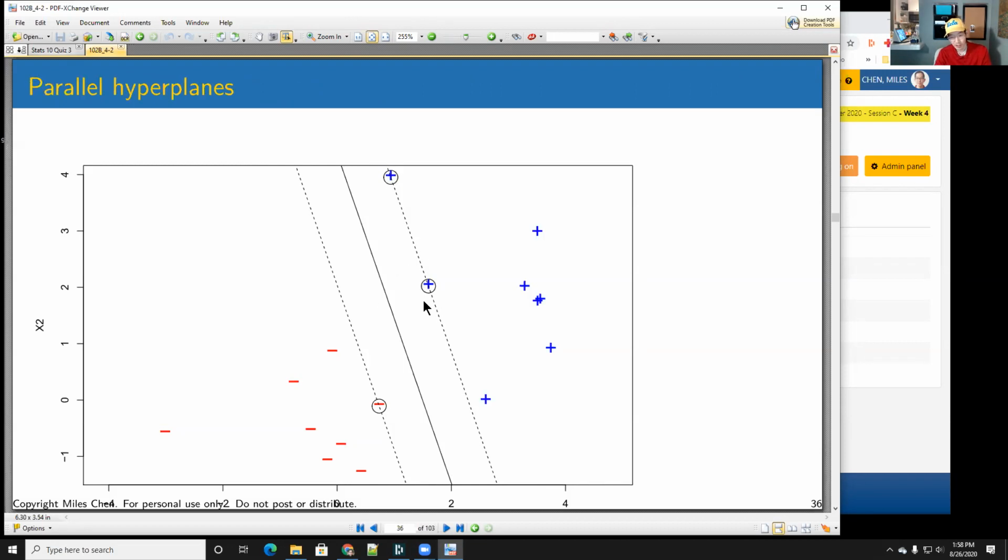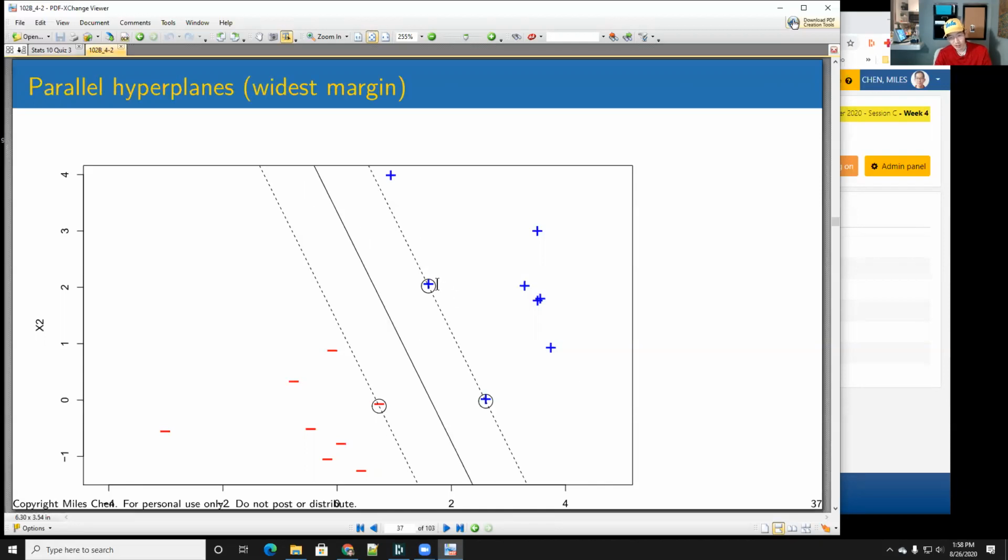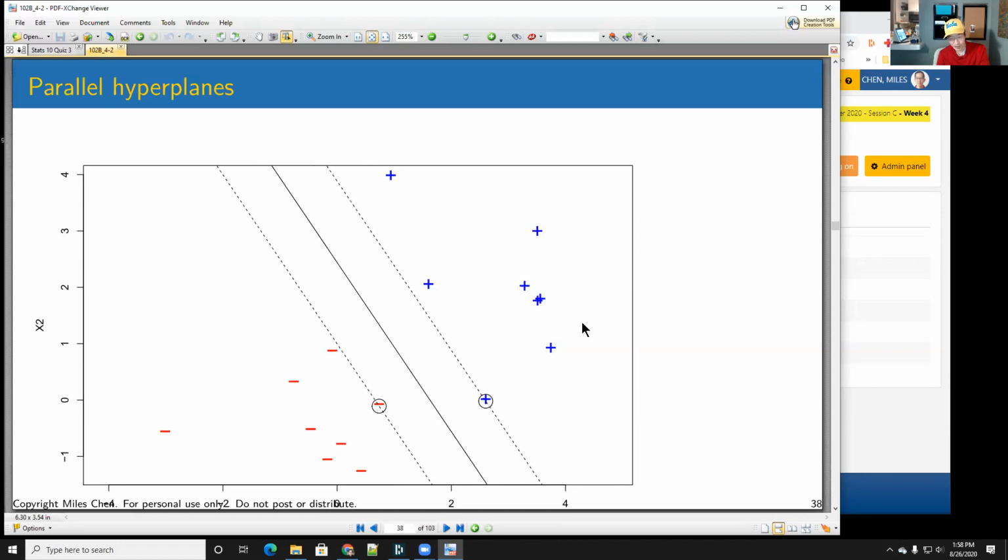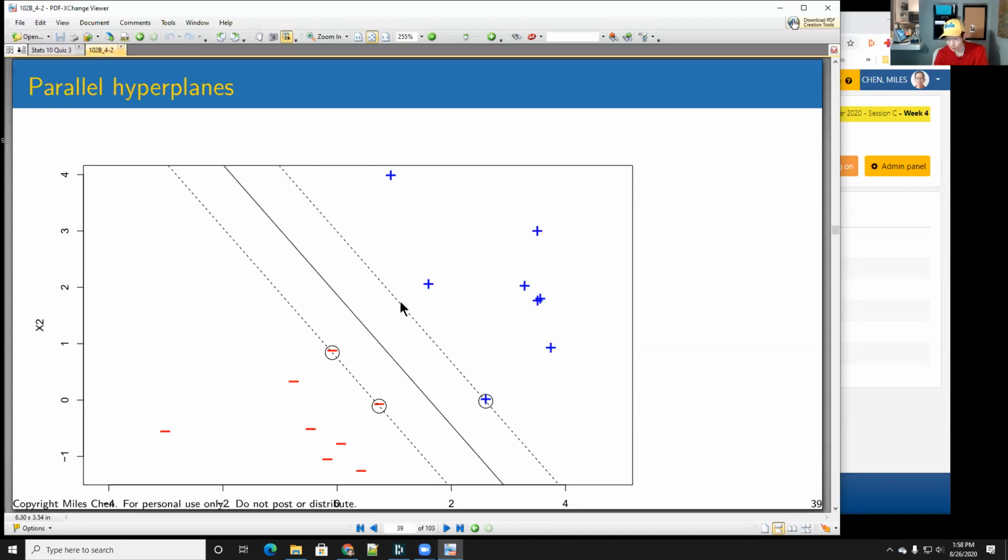So this is the distance that gets separated. These 2 points end up being also on the hyperplane. But technically there's a whole bunch of hyperplanes that exist in between, but they all have slightly smaller margins.